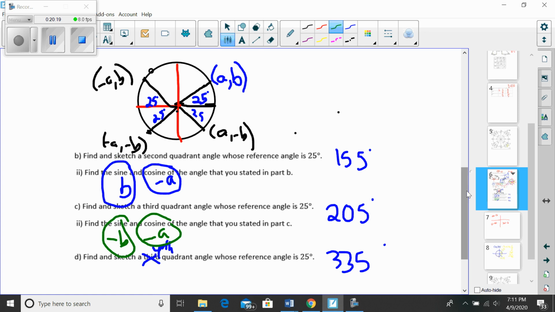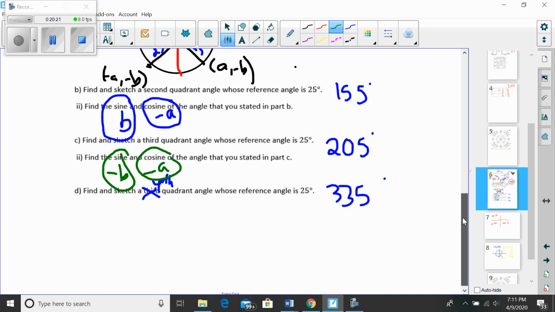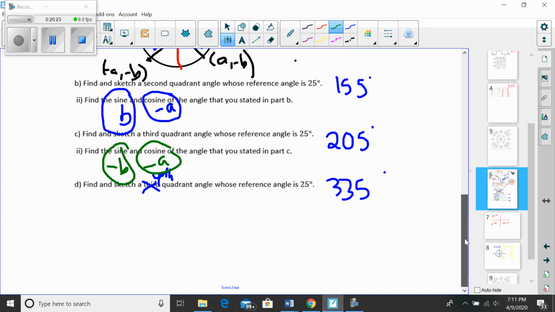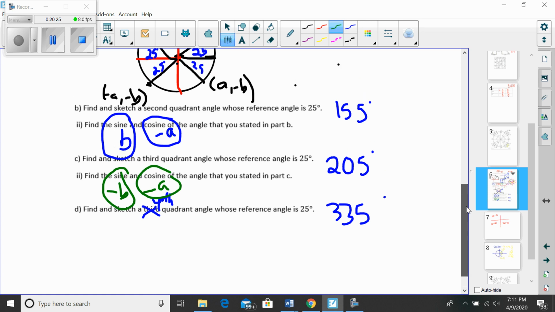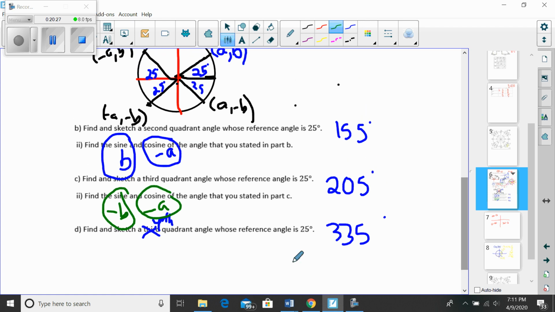All right, and then in the fourth quadrant, oh, I've left off that last little question. That's all right. I had a typo in it and I left off the question. So if I had to find the sine of 335 degrees, so sine is y, so that would be negative b, and then the cosine of 335 degrees would be positive a.